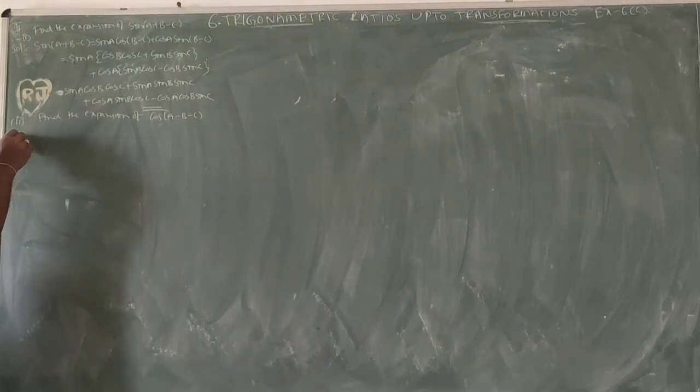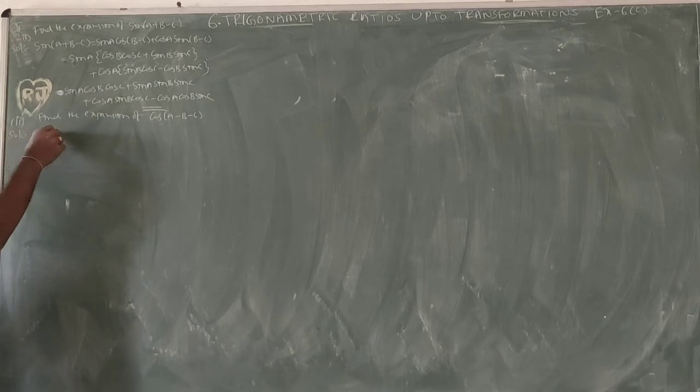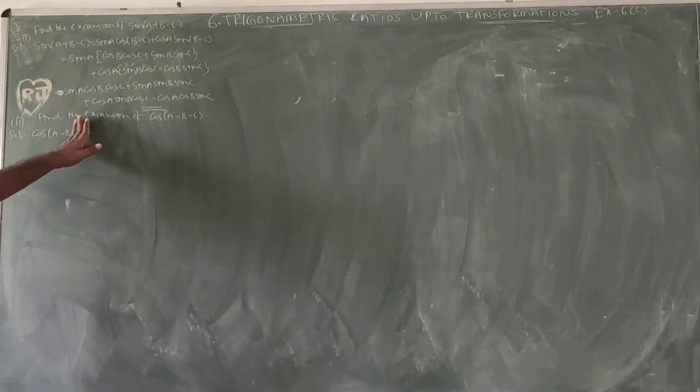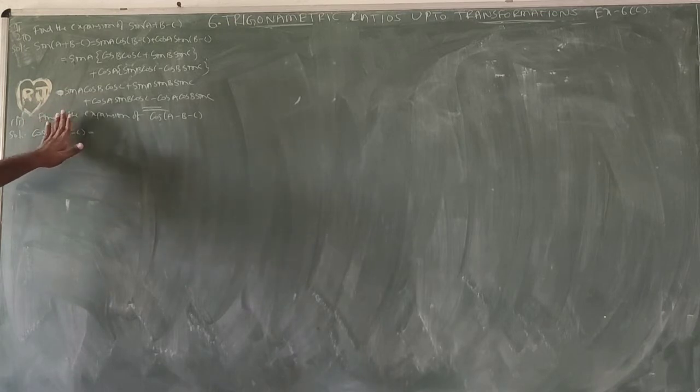Solution: cos of A minus B minus C equal to. Up to this point I want to take A minus B as one angle, and C as the other.